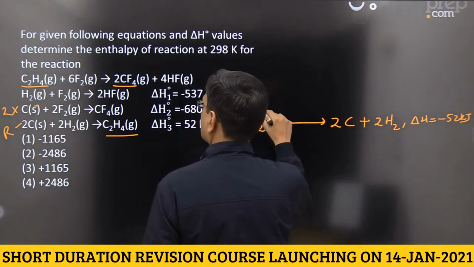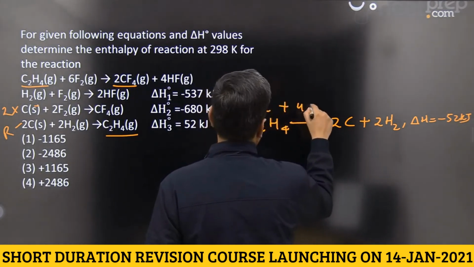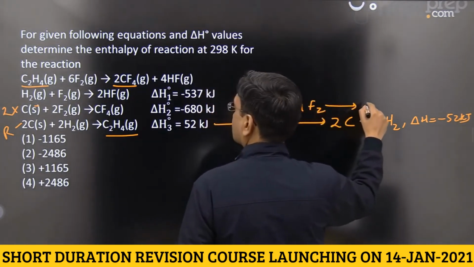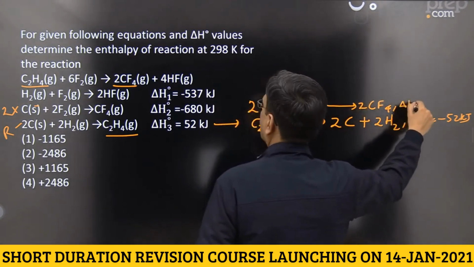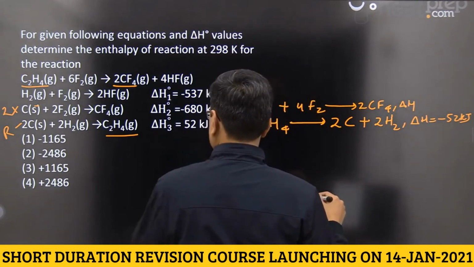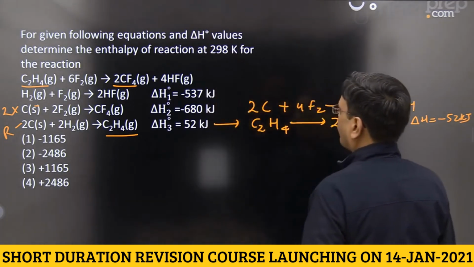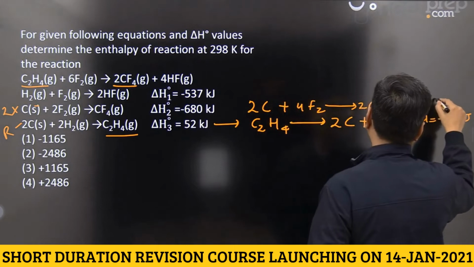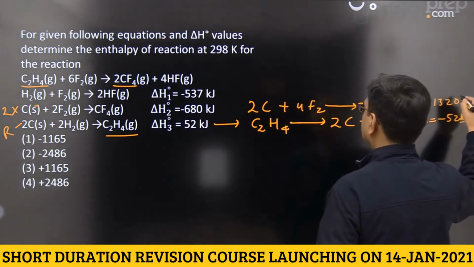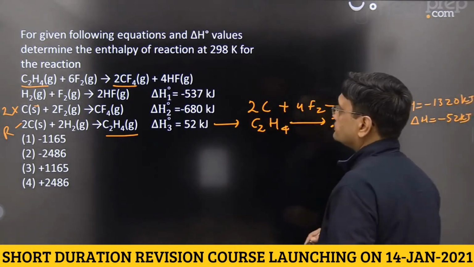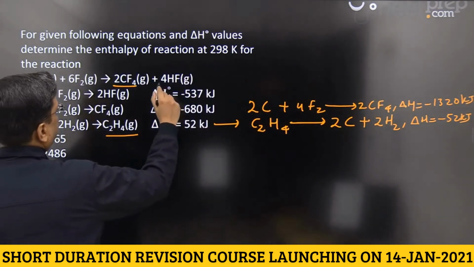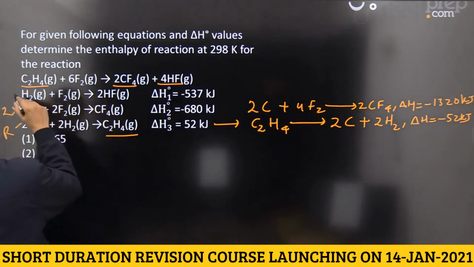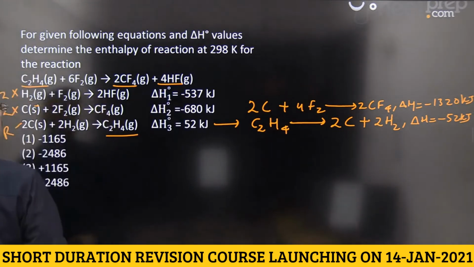So this equation is 2C plus 4F2 gives 2CF4, delta H is minus 1320 kilojoule, right?